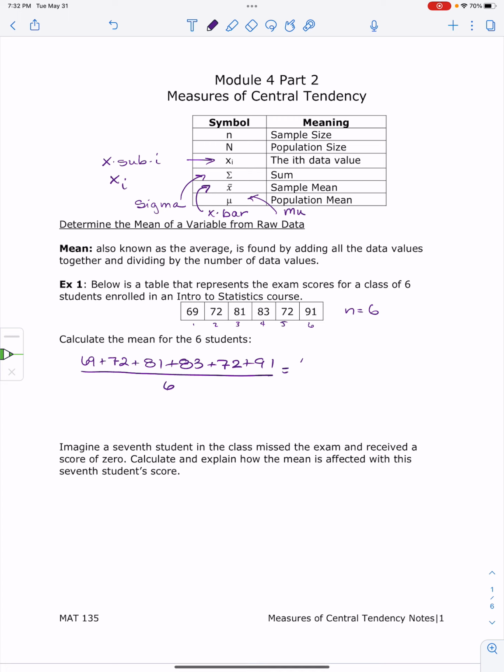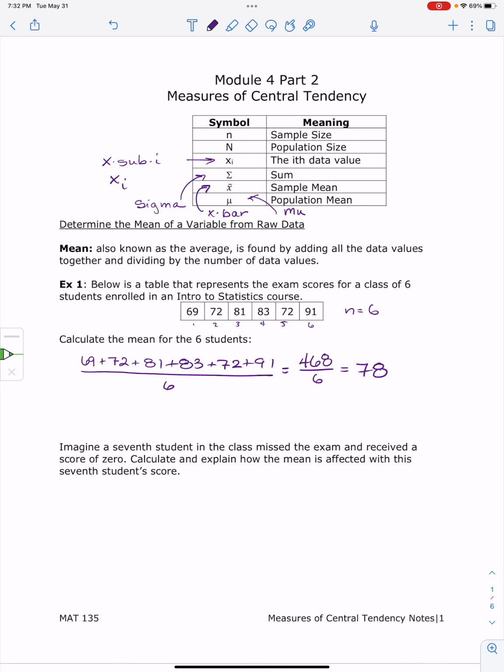When we add that numerator, we get 468 divided by 6. The mean of this sample is 78. Which makes sense. 78 is roughly in the middle of all of the data that we have.